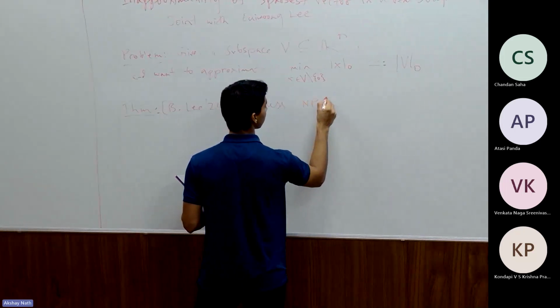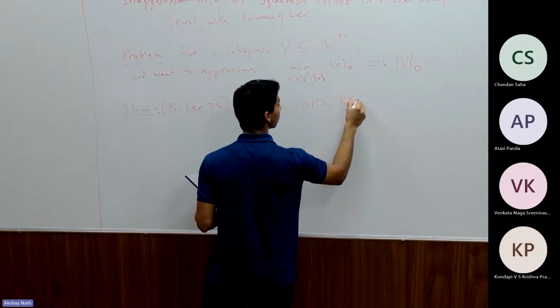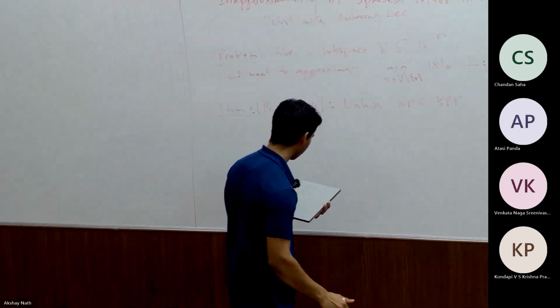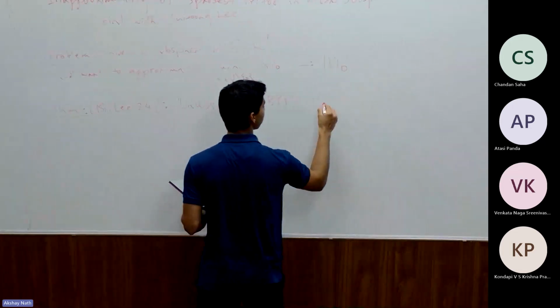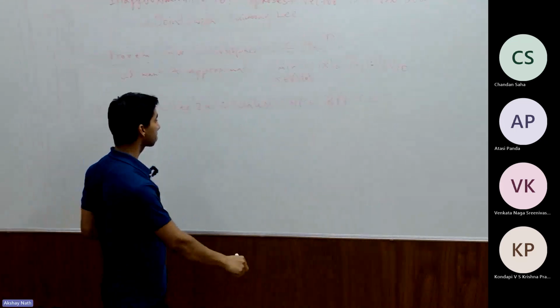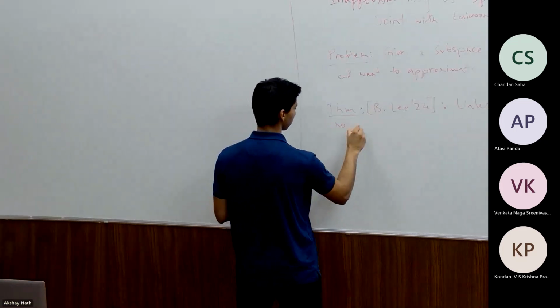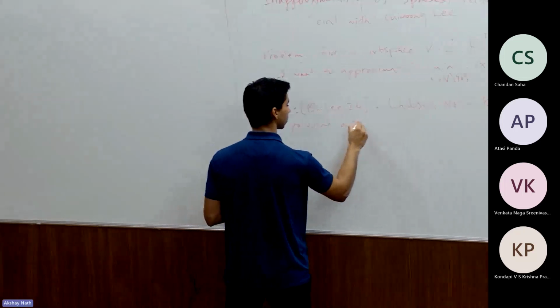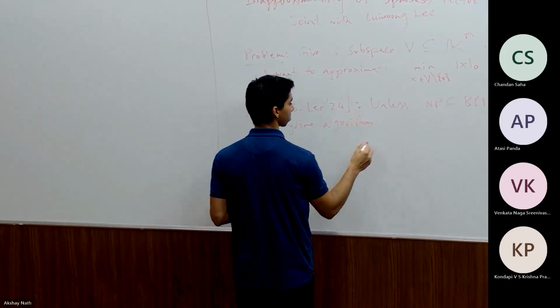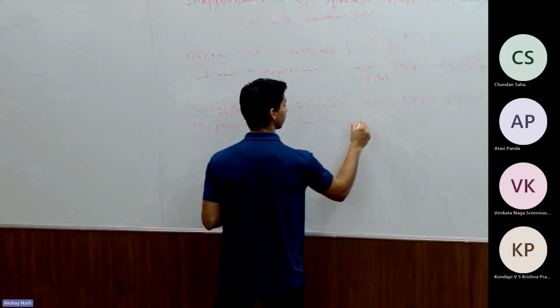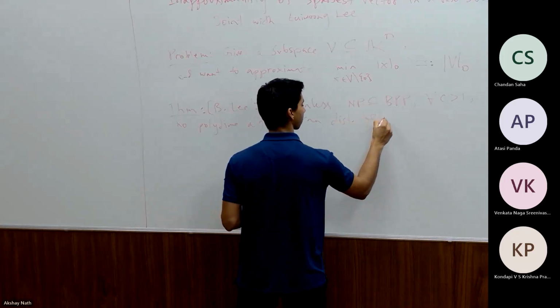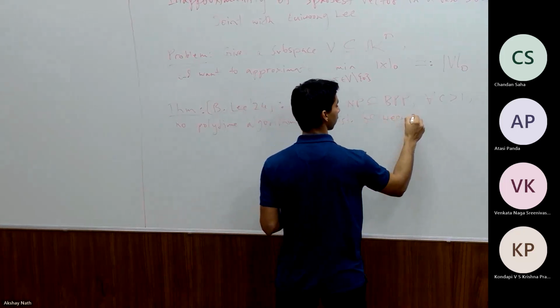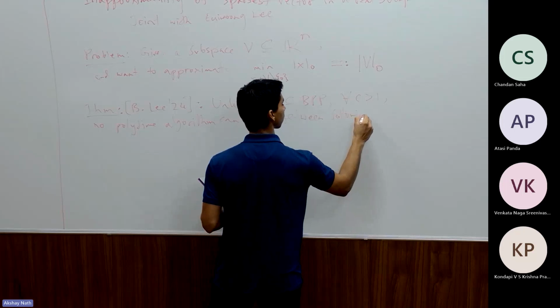So unless NP is in BPP, for all constants c greater than 1, no polytime algorithm can distinguish between the following two cases.